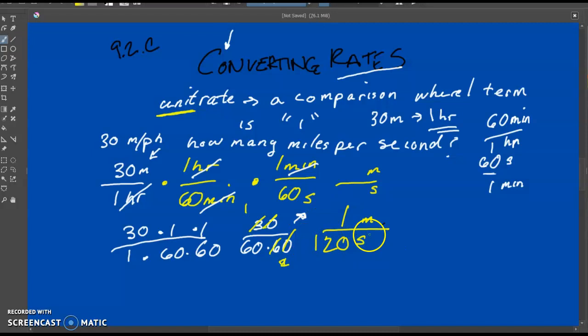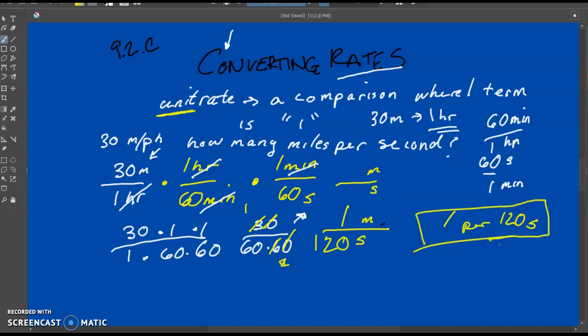And all that means is that we are going 1 mile every 120 seconds, right? So we're going 120 seconds per mile, if you want to write it there. So miles per second, 1 mile per 120 seconds. That's what we would be looking for, and that would be our final answer right there.